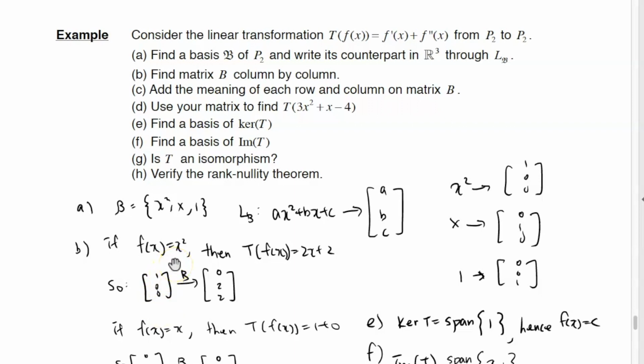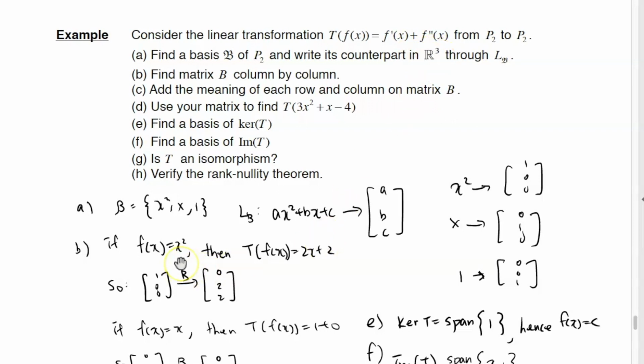So we haven't even talked about what the linear transformation is in this exercise. The transformation of the function is another function, which is f prime plus f double prime. So I take a quadratic function, and the output is the derivative plus the second derivative.